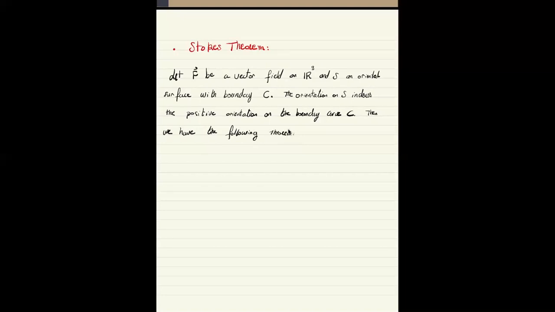It means that if I have a surface here with this orientation, you choose an orientation for n.